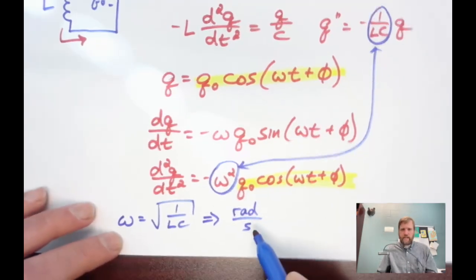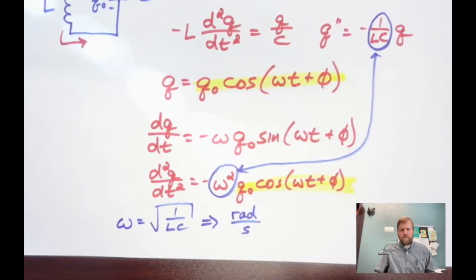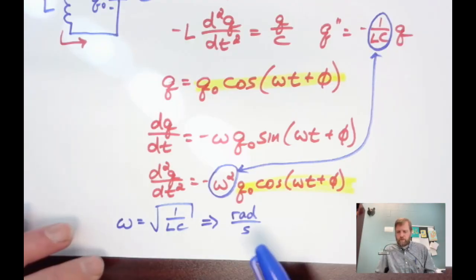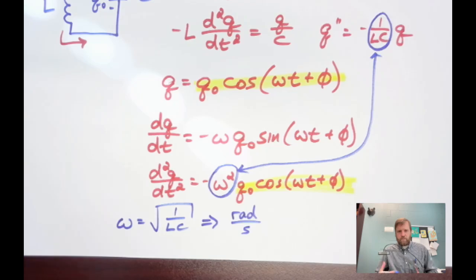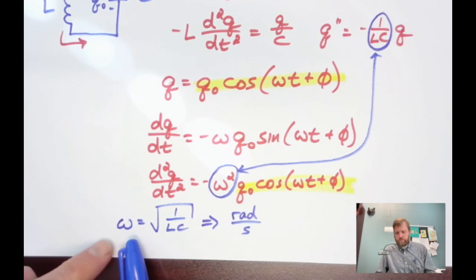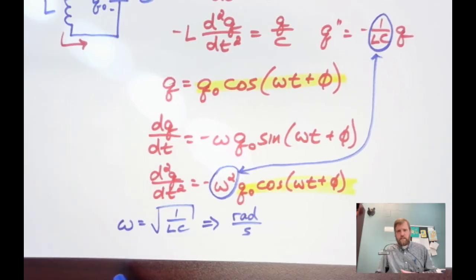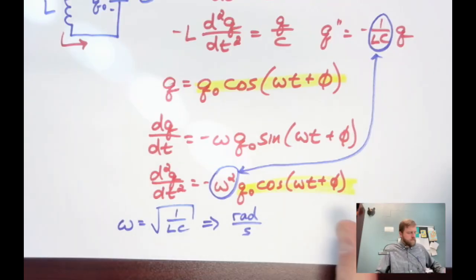Now remember, radians aren't really a unit. They're a unitless unit. We just use it as a placeholder. Remember there are 2 pi radians in a complete cycle, and so this is related to the cyclic frequency based on 2 pi radians being in one cycle. All right, let's take a look at a quick example, and then we'll be done.